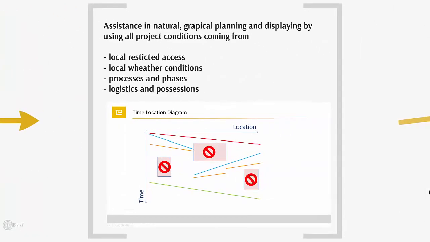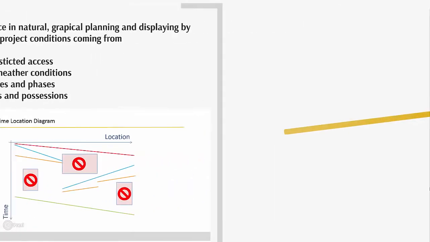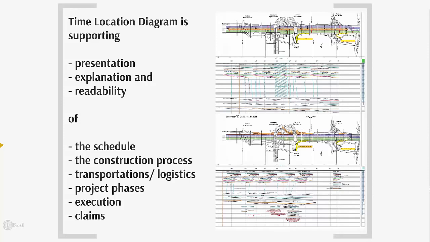The time-location diagram gives assistance in natural graphical planning based on the location. You may consider all project conditions coming from restrictions, weather conditions, processes and phases, and logistic and possessions. A time-location diagram is supporting you in presentation, explanation, and readability of your project.